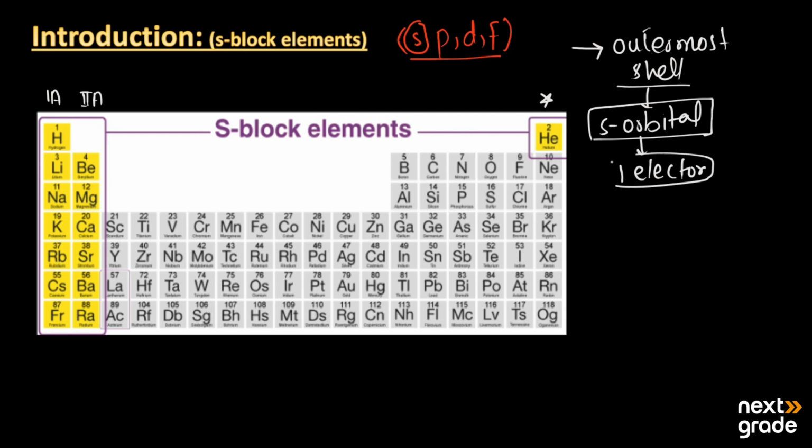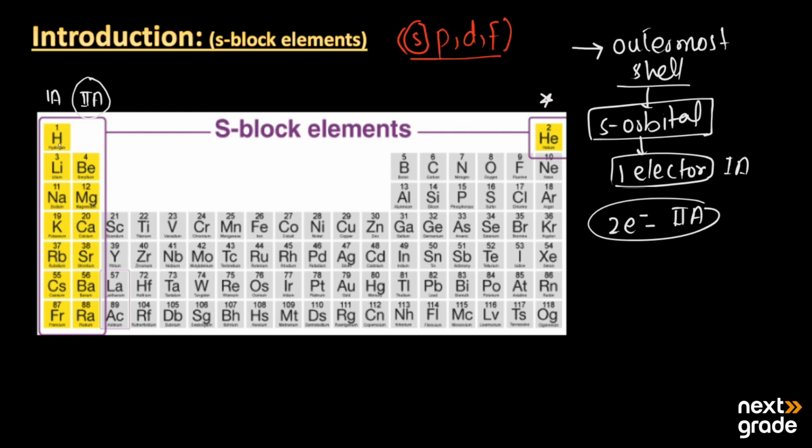They are known as the group 1A elements, which are the alkali metals, and the group 2 elements have two electrons in their valence shell, so they are known as group 2A elements and are alkaline earth metals.